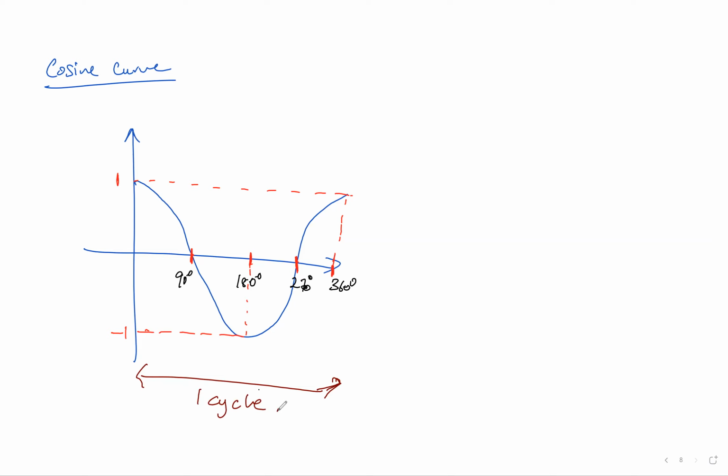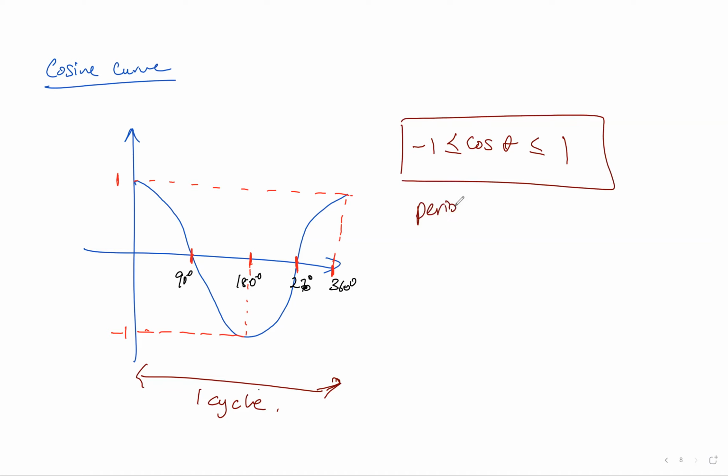Okay. Of course, it goes without saying that cosine theta also falls within the boundary of 1 and -1. The period for this one is always 360 or 2 pi. That's the next one. Then you should know when cosine theta is equal to 0, when cosine theta is equal to 1, cosine theta equal to -1.